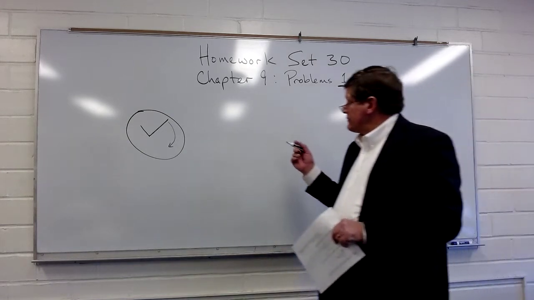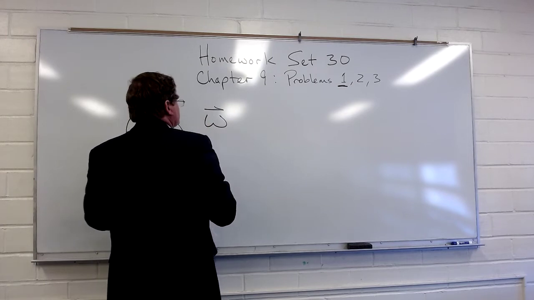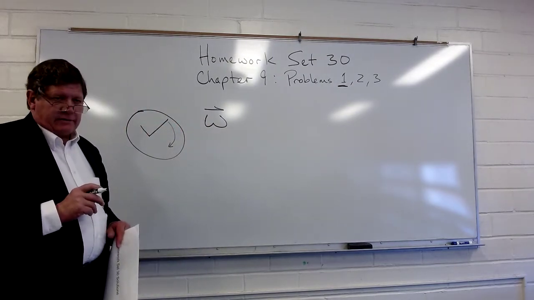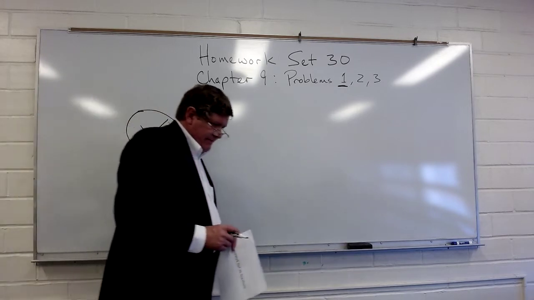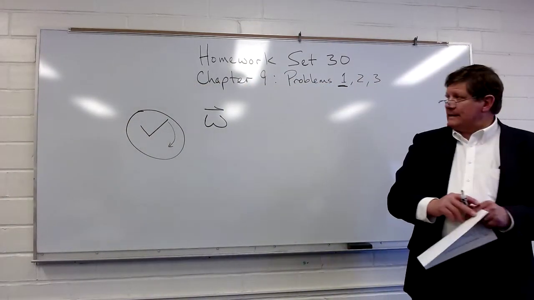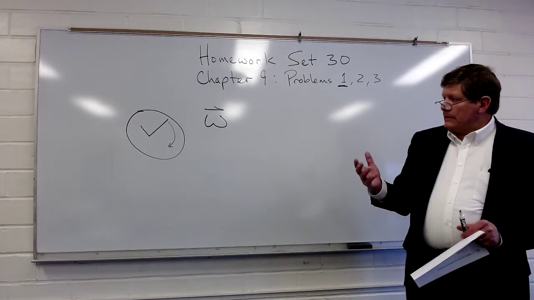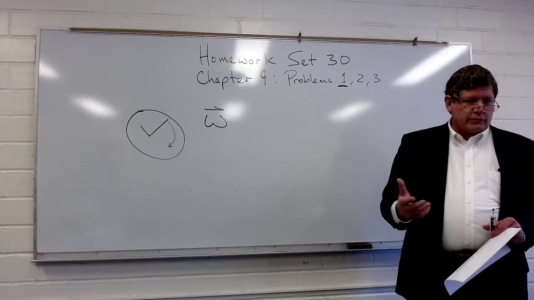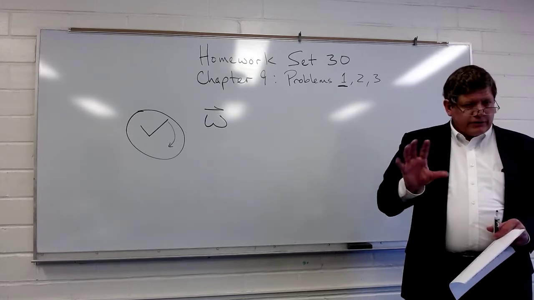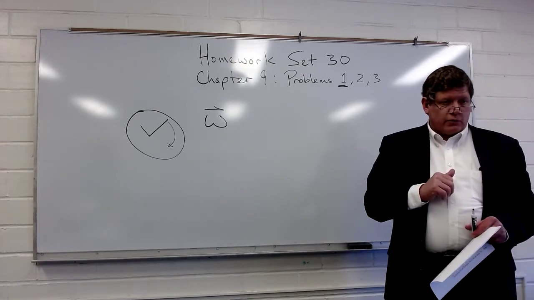Now, you understand that angular velocity is a vector, and the direction of that vector is given by a very strange rule. We call it right-hand rule, and that is, as we discussed in class, there are only two directions that stay the same as something rotates about an axis, and that's along the axis, one way or the other.